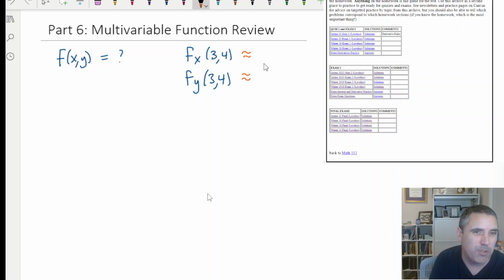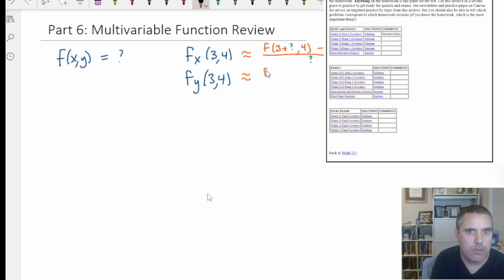I'm just going to mention this briefly because I spotted it in quite a few old finals. The idea is, what happens if we increase x slightly, what happens to the slope? And so we said, well, the smaller this number is, the closer it should get to the slope in what we call the x direction.